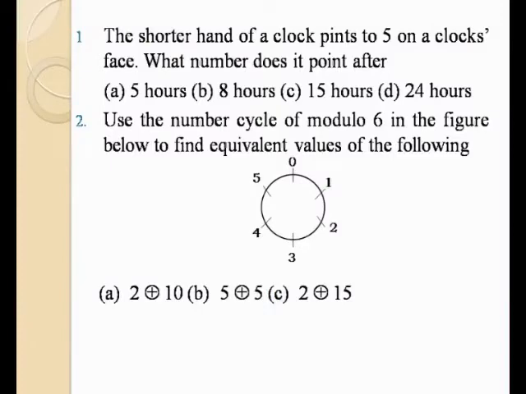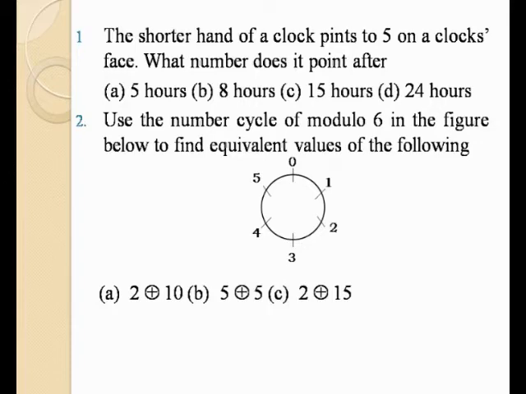So we are through with number 1, we'll be going to number 2. Use the number cycle of modulo 6 in the figure below to find equivalent values of the following. A is 2 plus 10. Mind, we are working modulo 6. B is 5 plus 5. In modular arithmetic, we don't write addition as a plain symbol; we have to put the symbol in a circle.